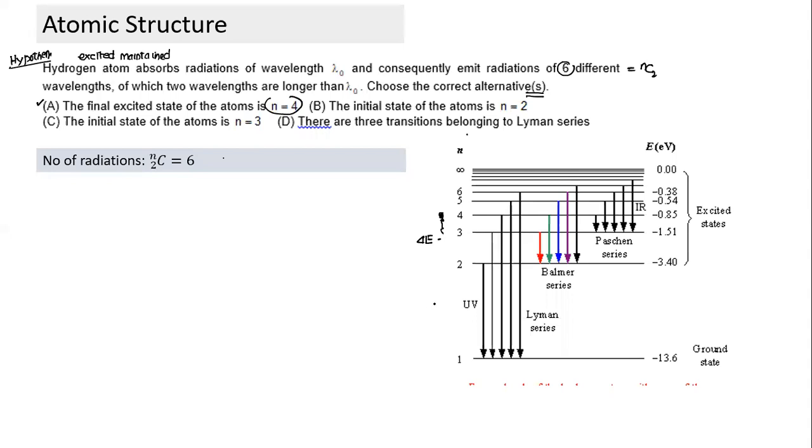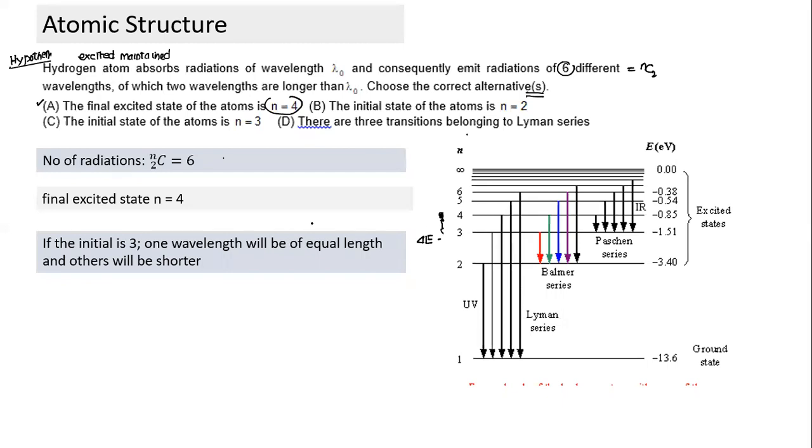Only it goes 2 states above. Not necessarily. The final excited state is easy: the final state is 4. Now let's look at what would have happened if the initial state was 3. This corresponds to a delta E, this energy, this wavelength. If the initial state is 3, it will emit 6 wavelengths.